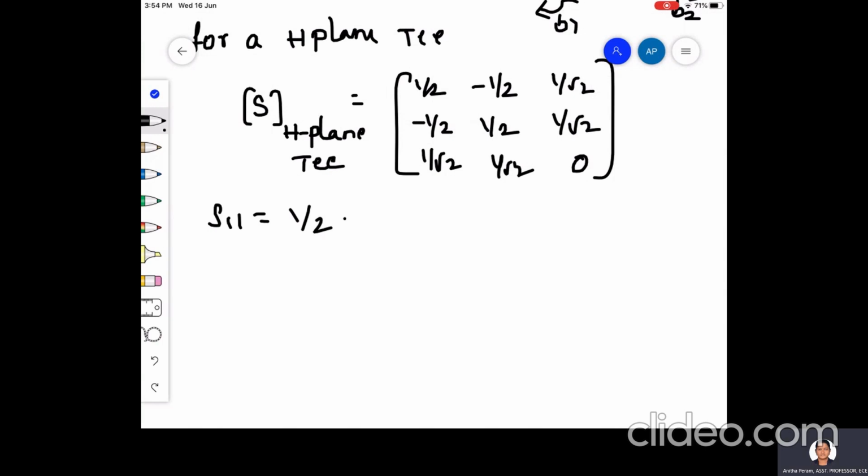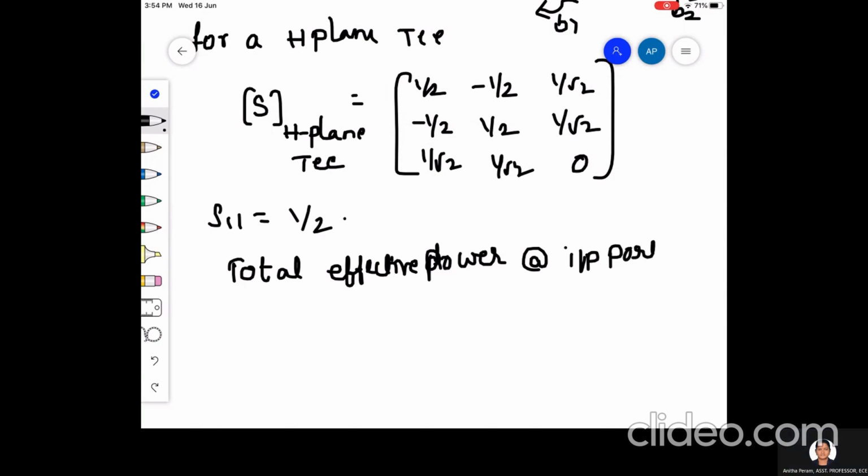If I want to determine the power at port 1, we have reflected power as well as incident power. The effective power at the input port, P1, is incident power minus reflected power.